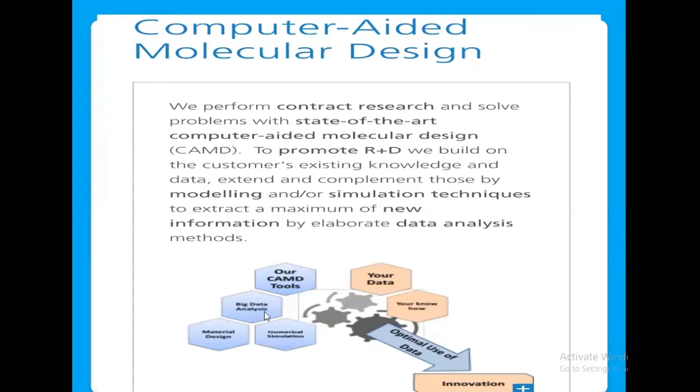That big data is analyzed, and from that you take the material design and numerical simulation, both are analyzed, then you optimize the data values, then the optimal use of data is taken here, and you see that the molecule is designed, that structure is identified or determined.